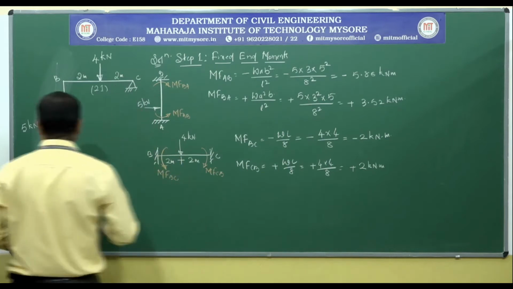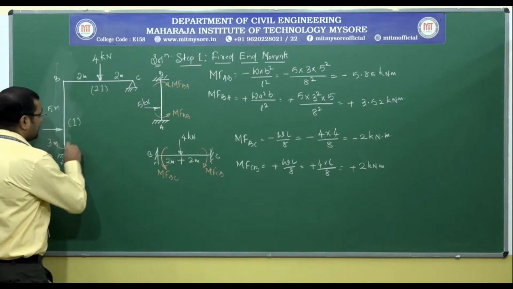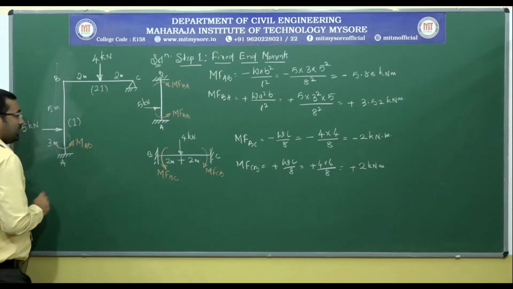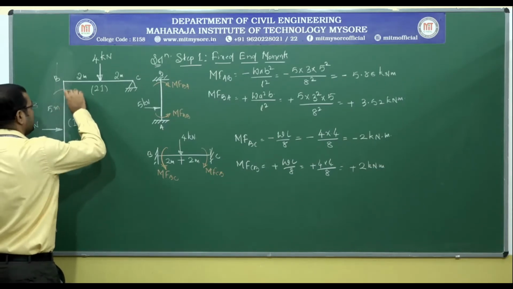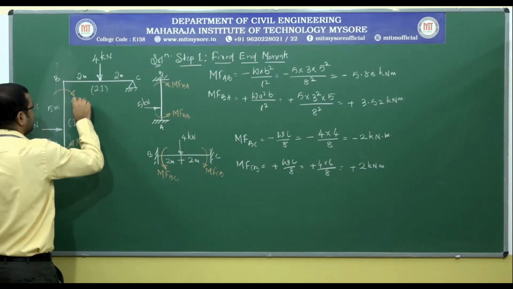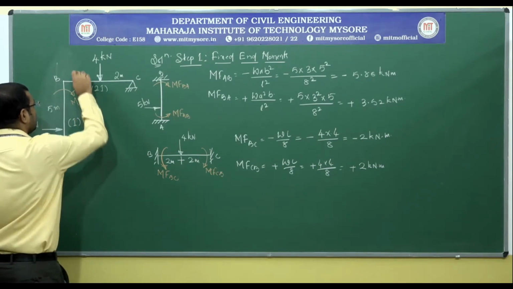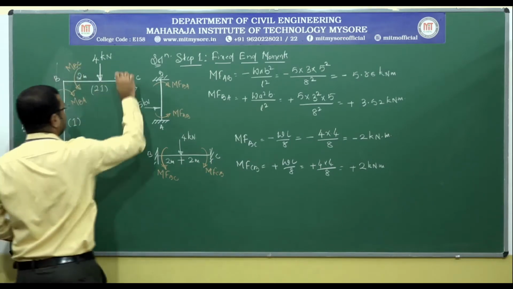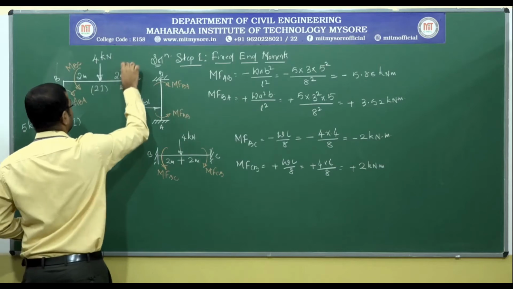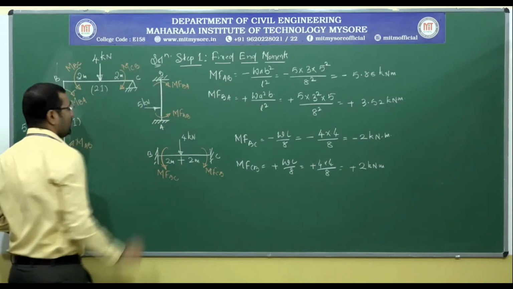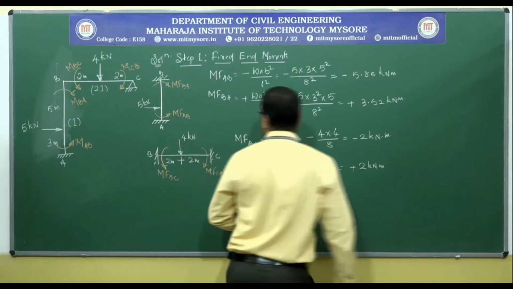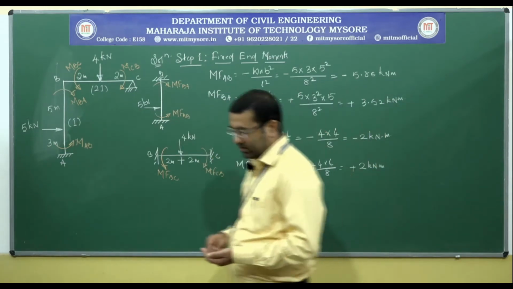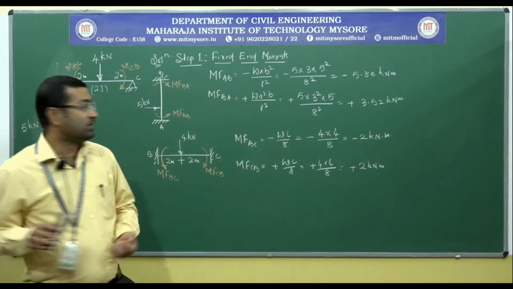So end moments are these: this is MAB, the end moment at A, this is the end moment at B, that is MBA, this is MBC, and this is MCB. To calculate these end moments, we need to write the slope deflection equations. So here we are imposing the slope deflection equations.